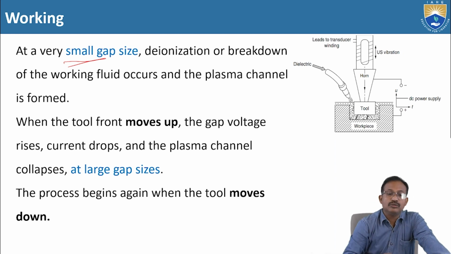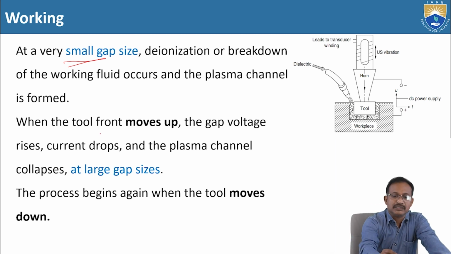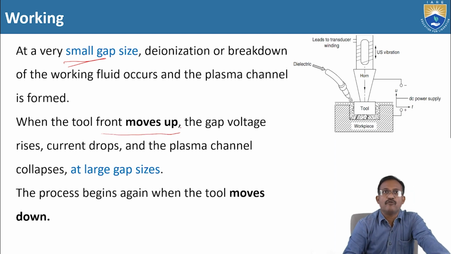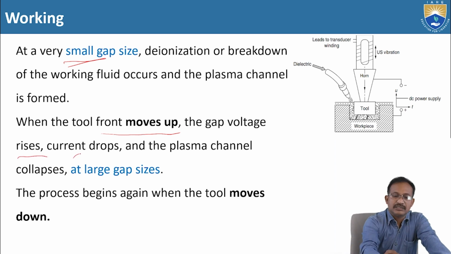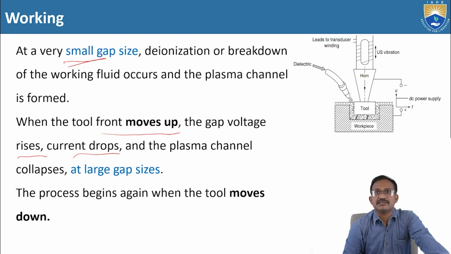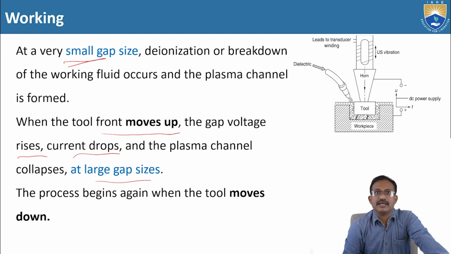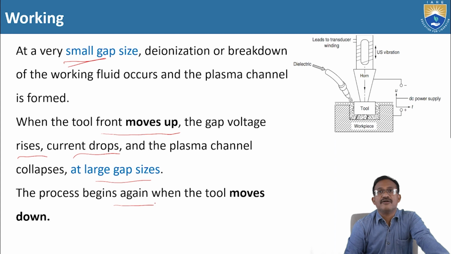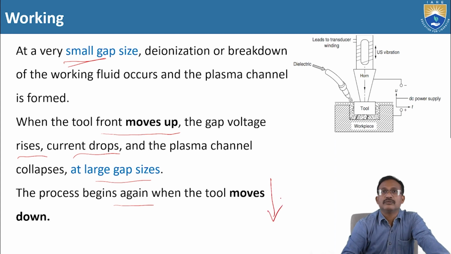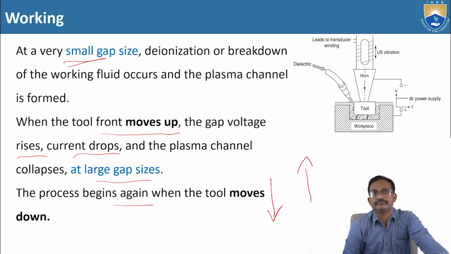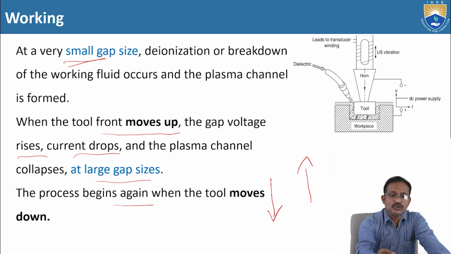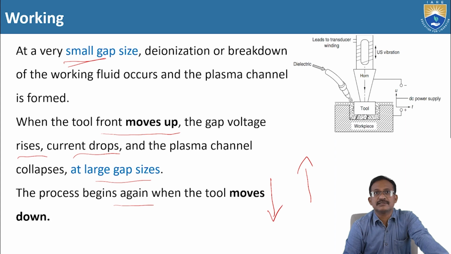When the tool front moves up, the gap voltage rises, current drops, and the plasma channel collapses at very large gap sizes.